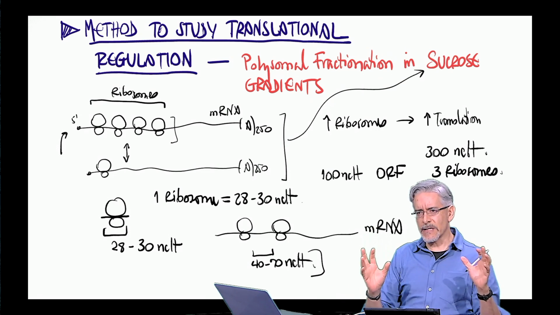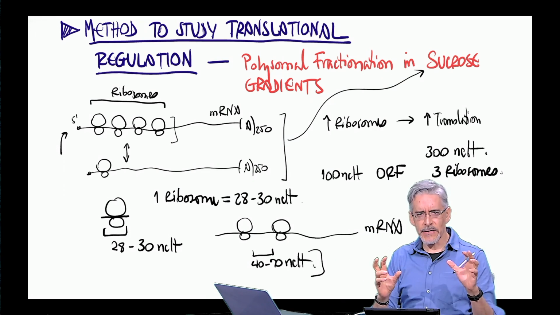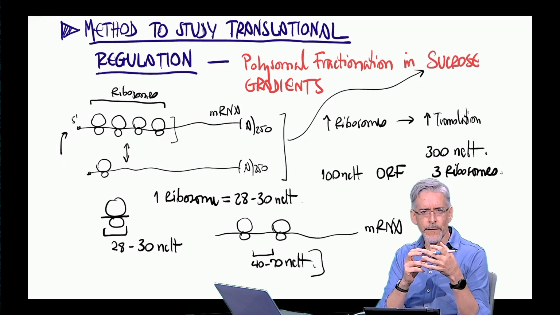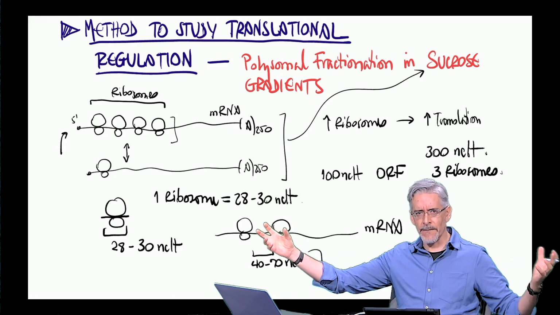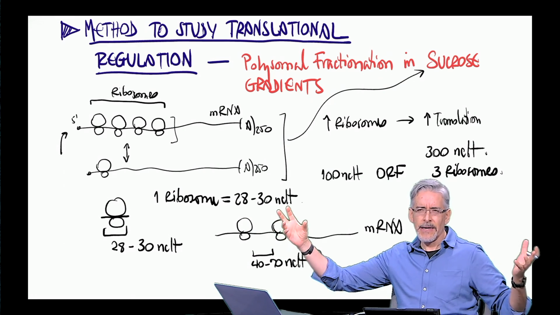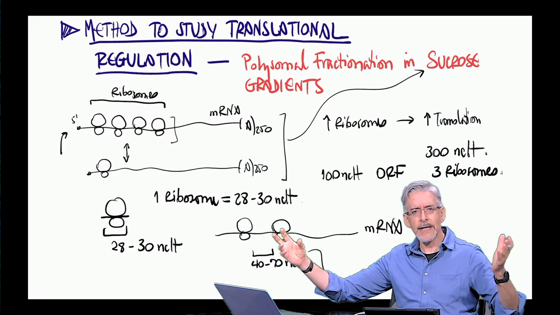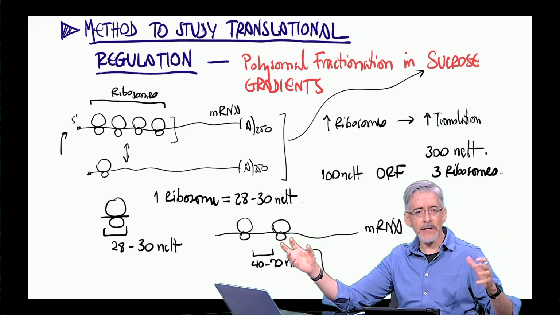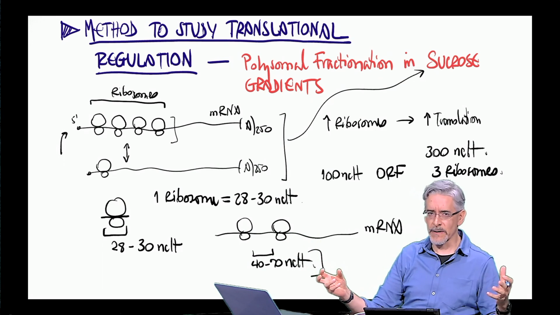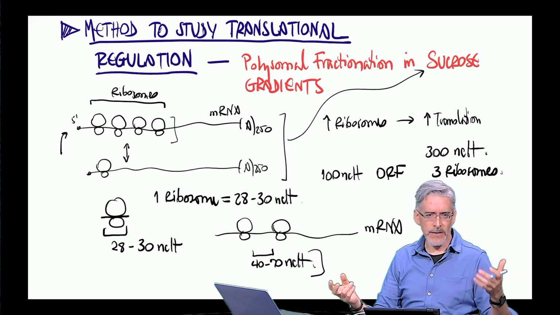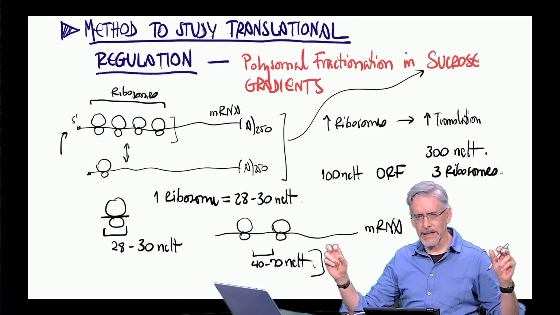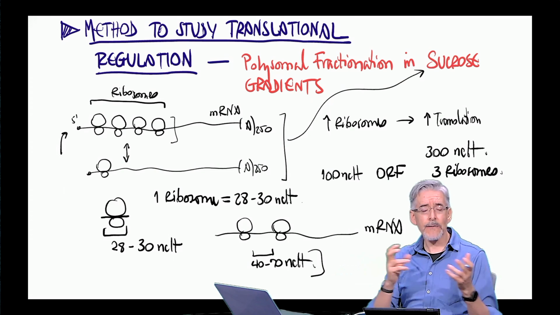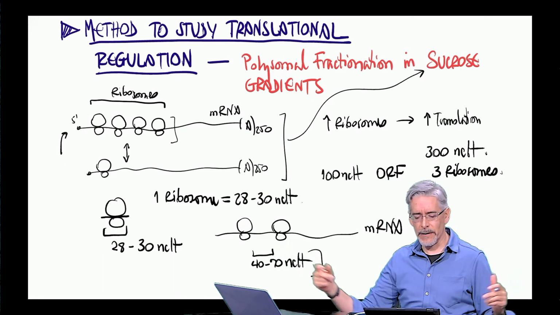So those are things that may actually affect this analysis, because if you're looking for a messenger RNA molecule with a very long reading frame, then chances are the odds of finding that messenger RNA among the population of messenger RNAs that are loaded with more ribosomes is actually higher. So you have better odds of finding that messenger RNA among the well-translated messenger RNAs simply because it has a very long open reading frame.